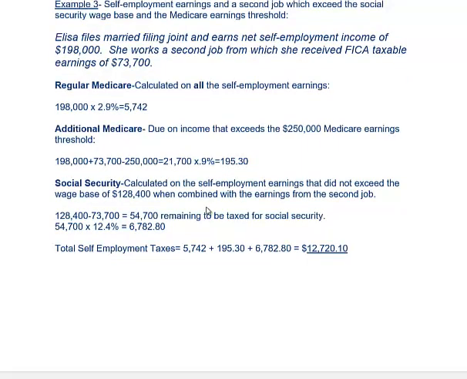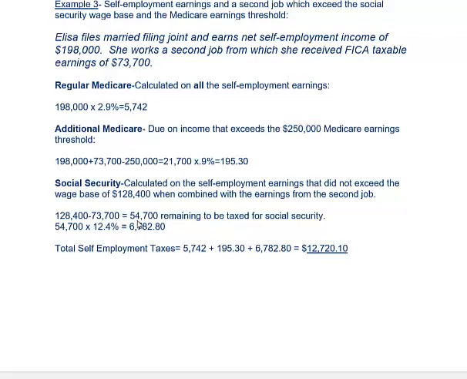So now let's look at Social Security. Always on Social Security, we're keeping the $128,400 earnings or wage base in mind. So all self-employment earned over $128,400 is not taxed. We need to calculate the amount that is taxed. To do that, we'll take the earnings limit and subtract out the amount that she's already paid Social Security on.